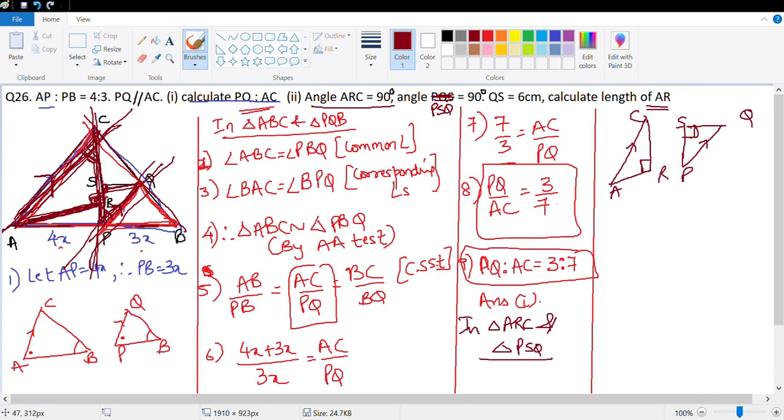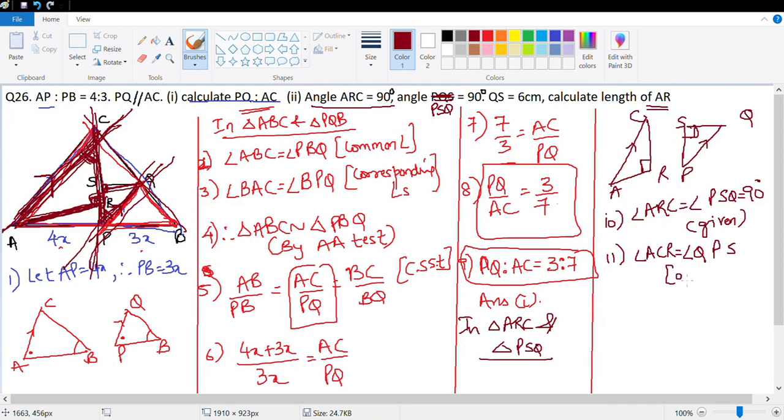So I am looking at this angle here and this angle here. Let's just write this down. This is point number 10. Angle ARC is equal to angle PSQ is equal to 90 degrees. This is given. Next, angle ACR is equal to angle QPS.